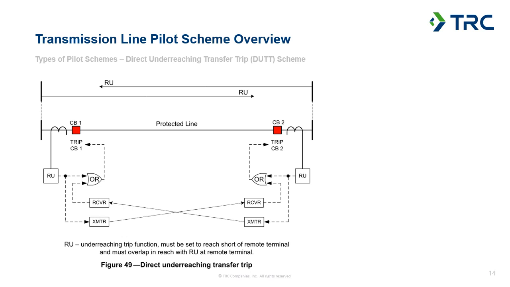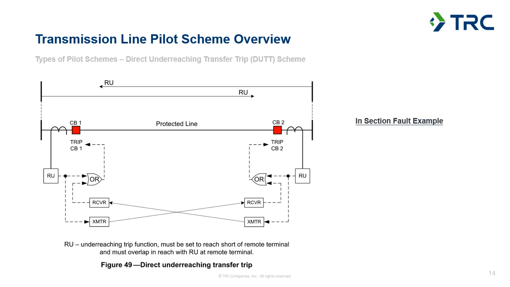So we're not waiting and conditioning that with anything on the receiving end. When the receiving relay receives the DUTT transfer trip signal, it's going to directly trip the breaker regardless of whether the local relay sees a fault or not within the appropriate zone.